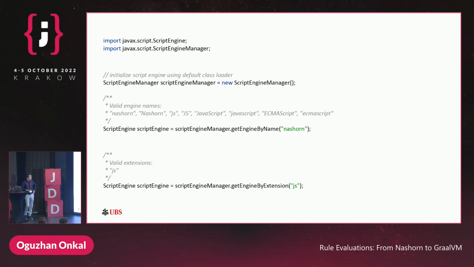One of them is engine by name, the other is engine by extension, and there is also one with MIME types. For engine by name, there are a couple of keywords given to us, and you can use any of them to access the engine. You can also access it by the extension, which here is only js.